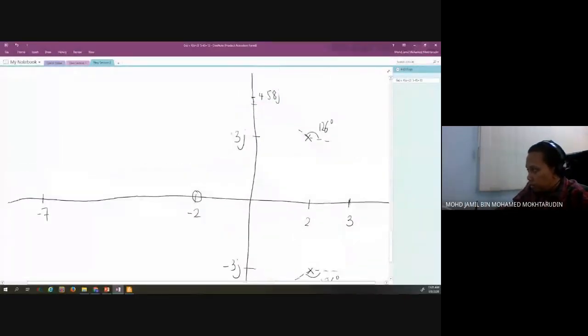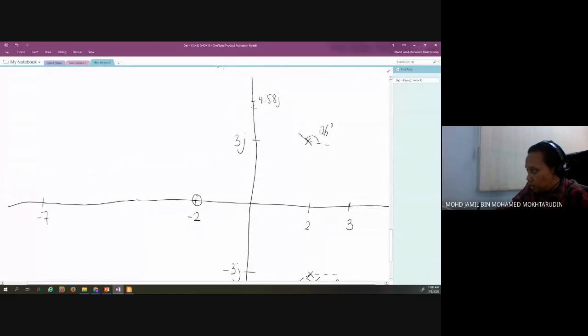So we sketch them. So here it will start here and then cross the jw axis crossing. And then it will go to the breaking points.